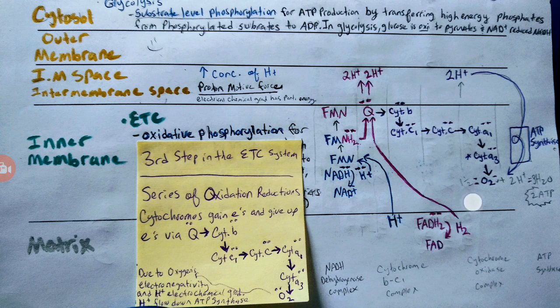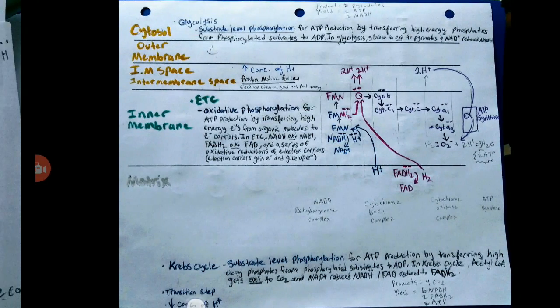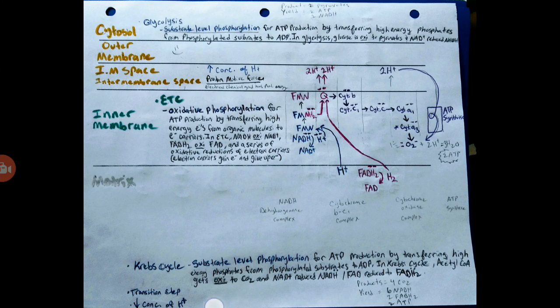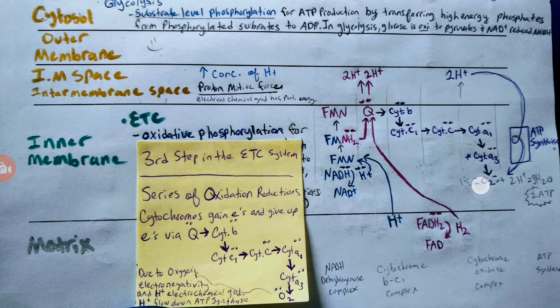So now that we have oxygen here, note that there is high concentrations of H pluses in the intermembrane space for the same reasons that we mentioned earlier. And then there is low concentrations of hydrogens in the matrix. So hydrogen naturally is going to want to move from this space because of two reasons.